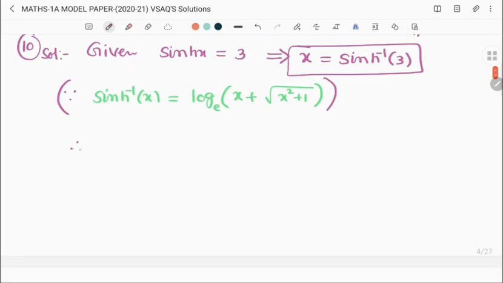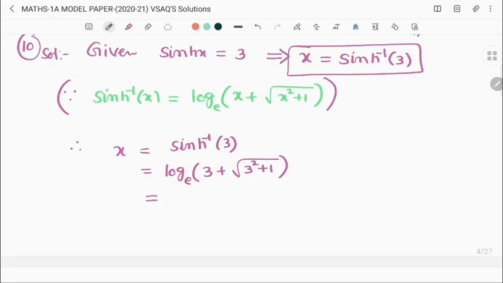Therefore, x is equal to sin h inverse of 3. In place of x, 3 is there now, so substitute: log of 3 plus root over 3 square plus 1 to the base e, that is equal to log of 3 plus root over 3 square means 9, 9 plus 1 is 10, to the base e.